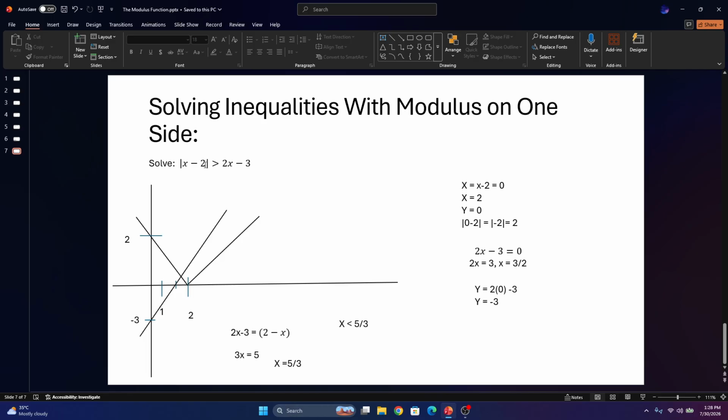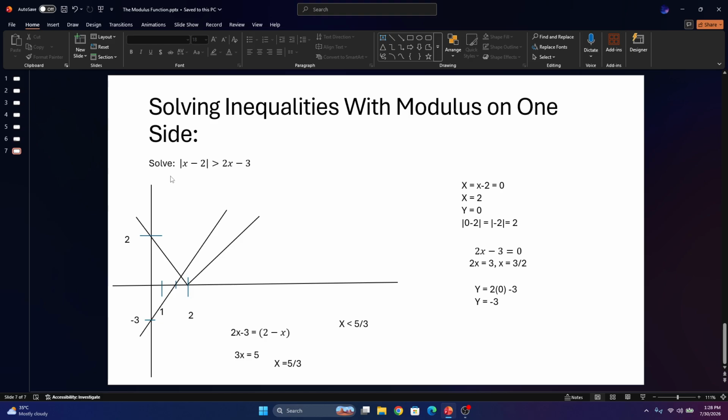And as you can see, this is what we're supposed to find, since we are given that the modulus function is greater than the line. And so we will just say that before x is equal to 5 by 3, the line is always going to be below the modulus graph. And this is how we solve this inequality.